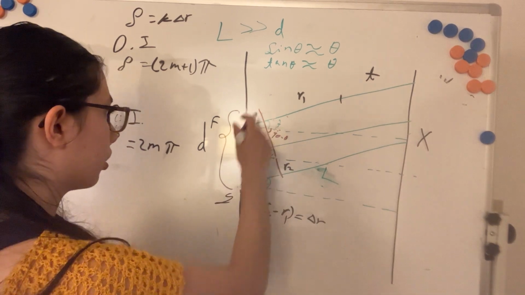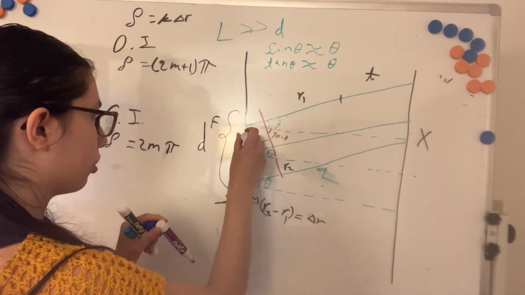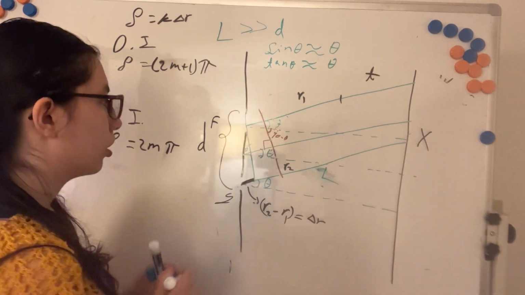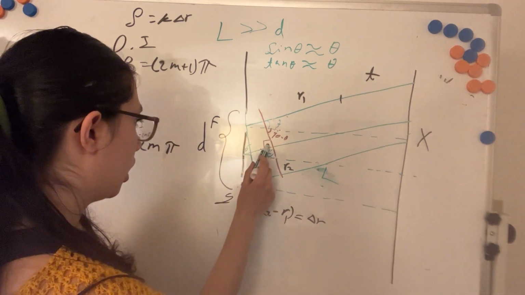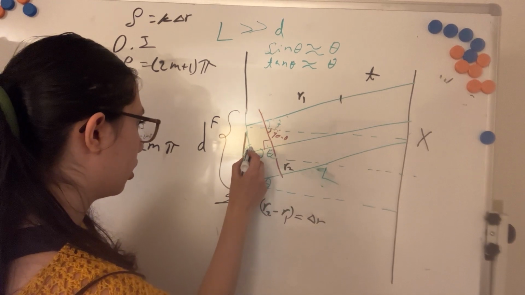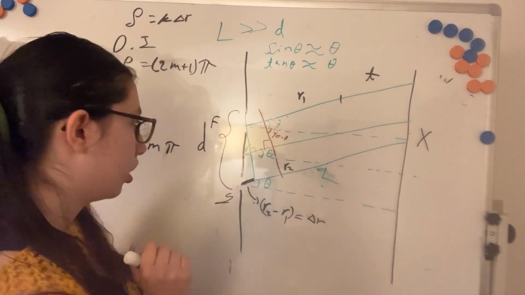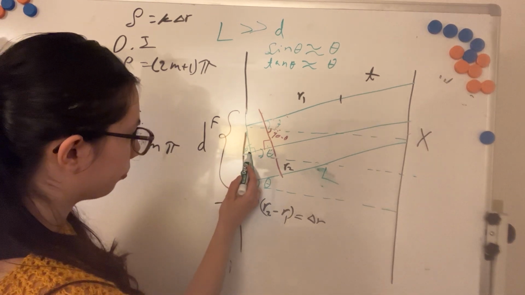If you want, we can project this more like this until you can see it as all this angle here. So this is a 90 degree angle, this is a 90 degree angle, and this is a 90 degree angle.